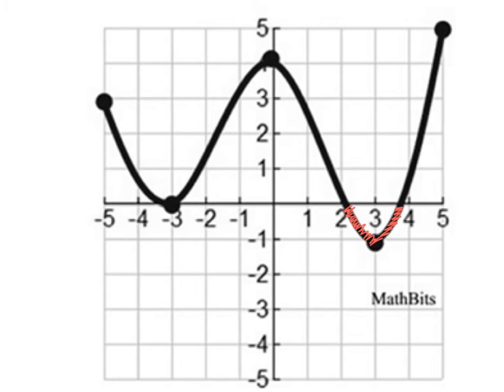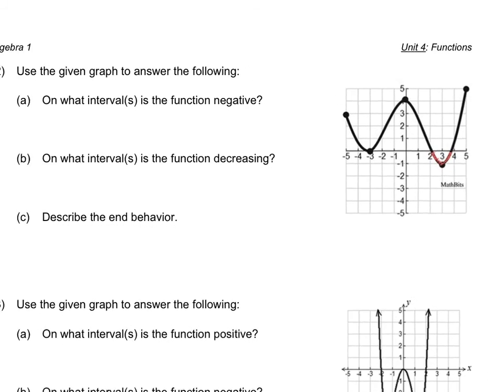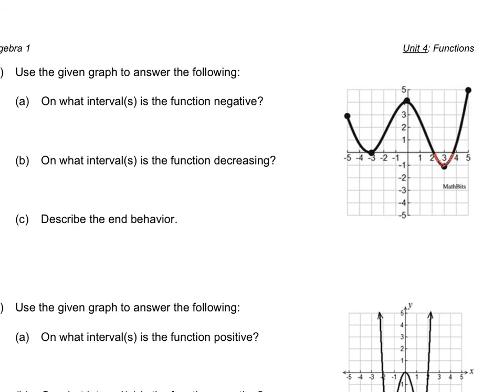So it doesn't look like it's going directly through 4. I mean, nowhere near directly through 4. Not 3.5 either. If you had to take a stab at it, what would you say? 3.75 probably. So the interval for which it's negative would be going from 2 to 3.75.